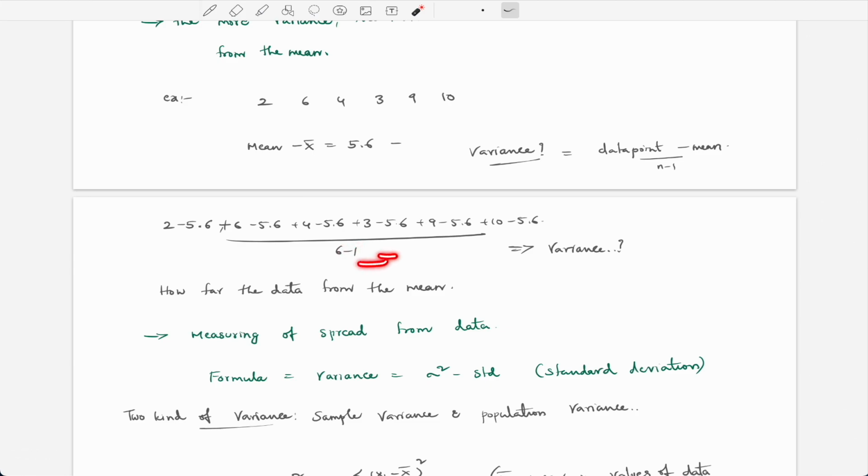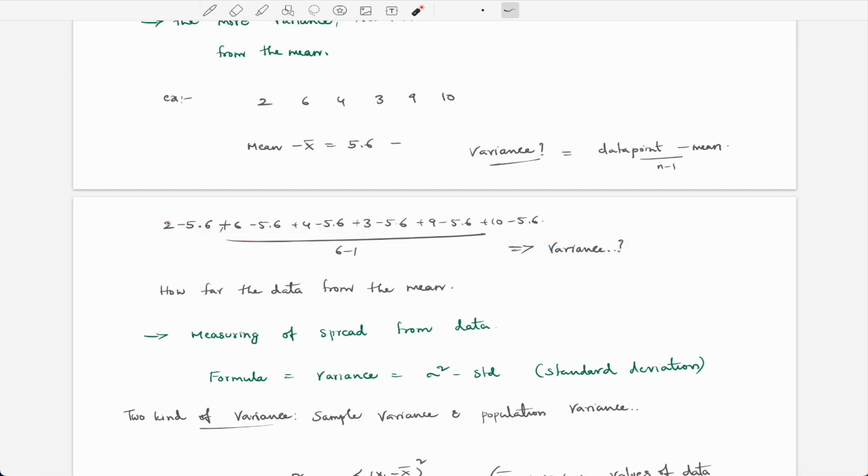As of now I just wanted to give an example. I will explain it in a later lecture, but you can research on your own why we use minus 1, not plus 1. So we simply subtract every data point from the mean. We subtract the 2 from the mean, and we do the same with all the data points, 9, 10, and so on. Then we divide by n minus 1, and this is the variance.